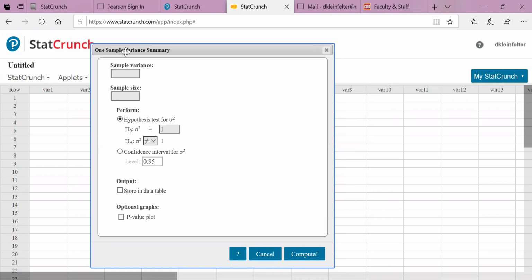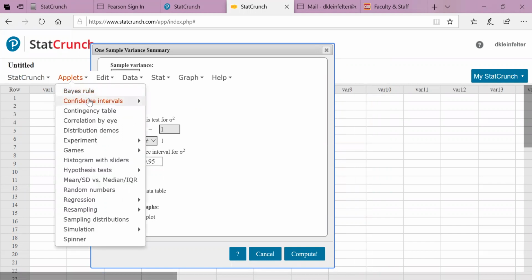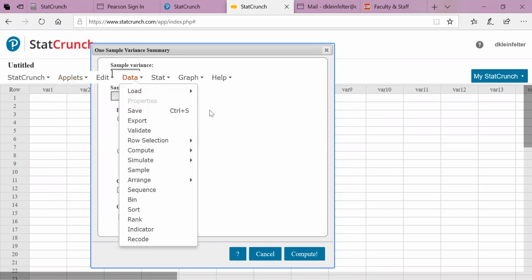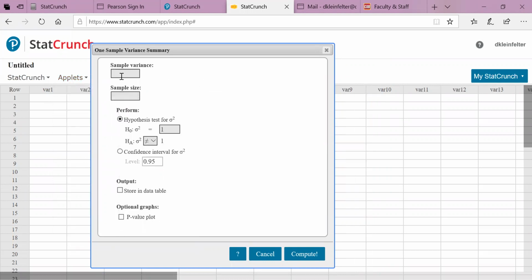So we're going to do Jefferson Valley Bank first. For this one, it's expecting us to have the sample variance. We saw the standard deviation was 0.477, so I need to square that first to get the variance. That's 0.227529. And then our sample size was 10.